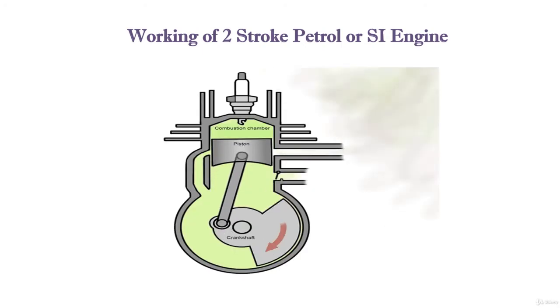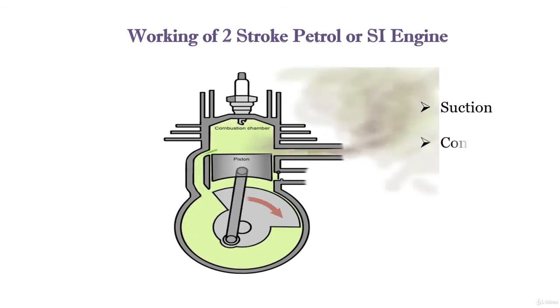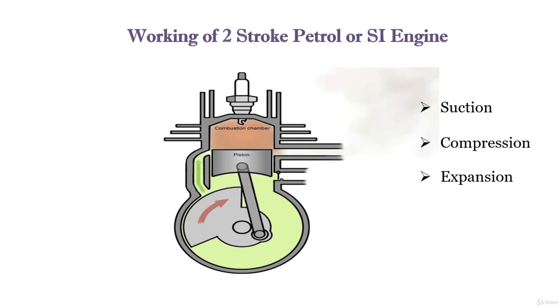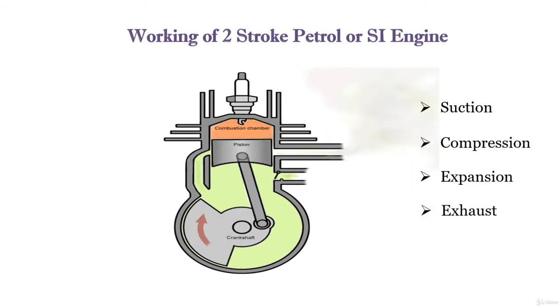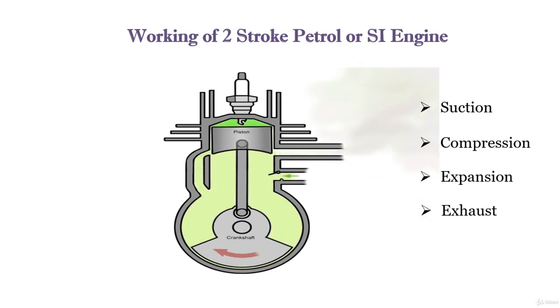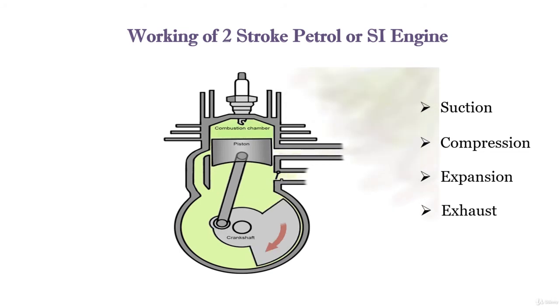Now let us see the working principle of the two-stroke petrol or SI engine. In two-stroke engines, the cycle of operations, that is suction, compression, expansion or power stroke, and the exhaust, are completed in one complete revolution of the crankshaft or in two strokes of the engine. Now what is this stroke?